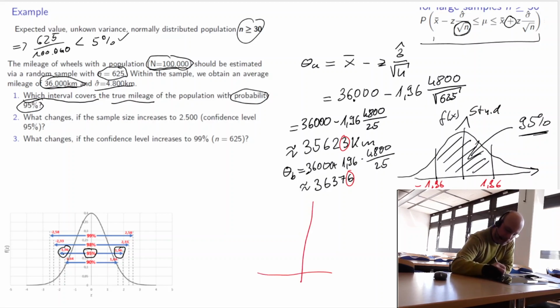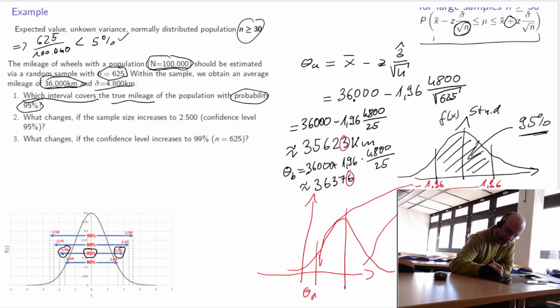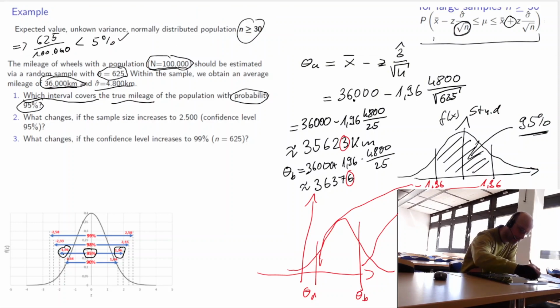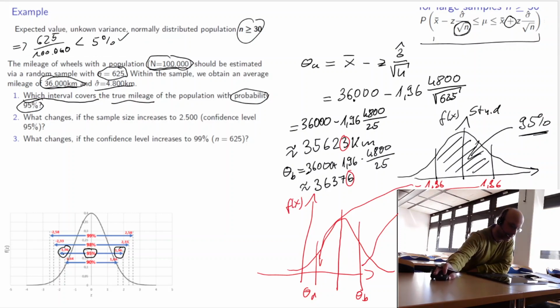That we translate this into our normal distribution, that this corresponds then to theta A, and this corresponds then to theta B. Let's do it symmetrically. And here f of x. So this was the first question.